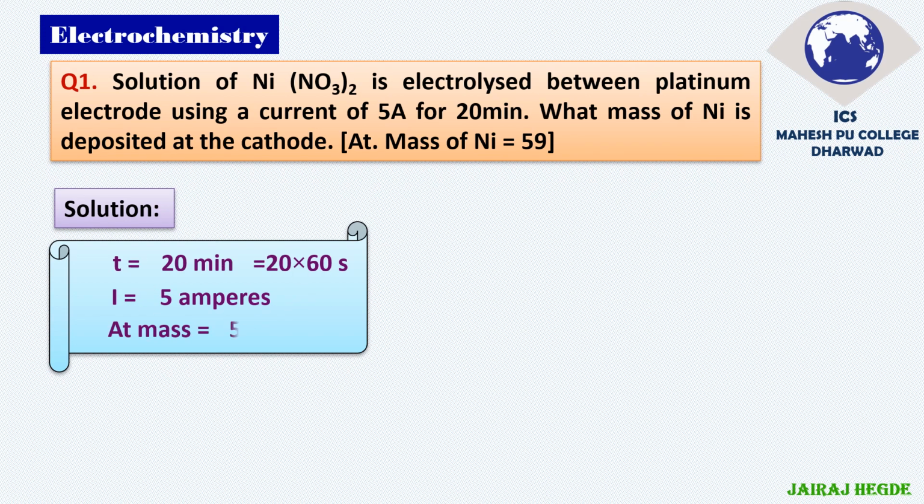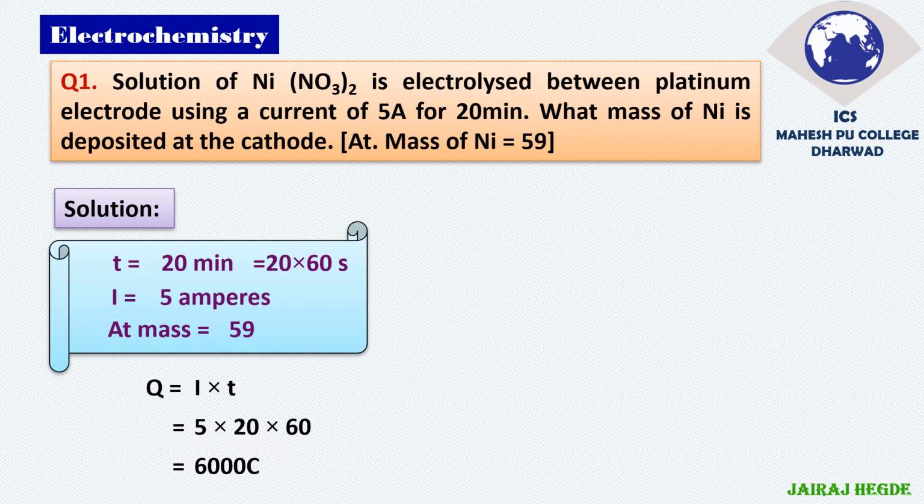The mass deposited is not given, but the atomic mass of nickel is given, 59 gram per mole. As we know, Q is equal to It, so Q will be 5 ampere into 20 into 60, which is equal to 6000 coulomb.